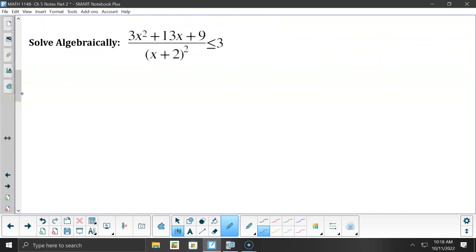All right. This one we can solve completely algebraically because it doesn't involve a 0. Or at least not yet.